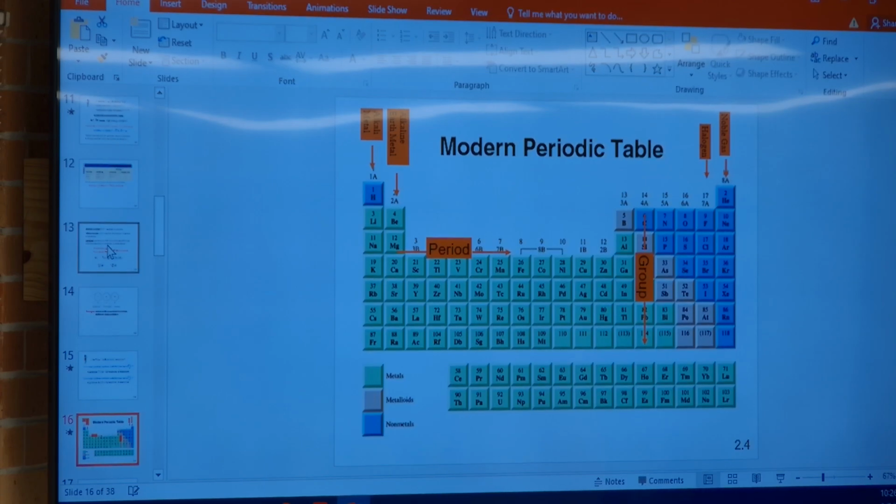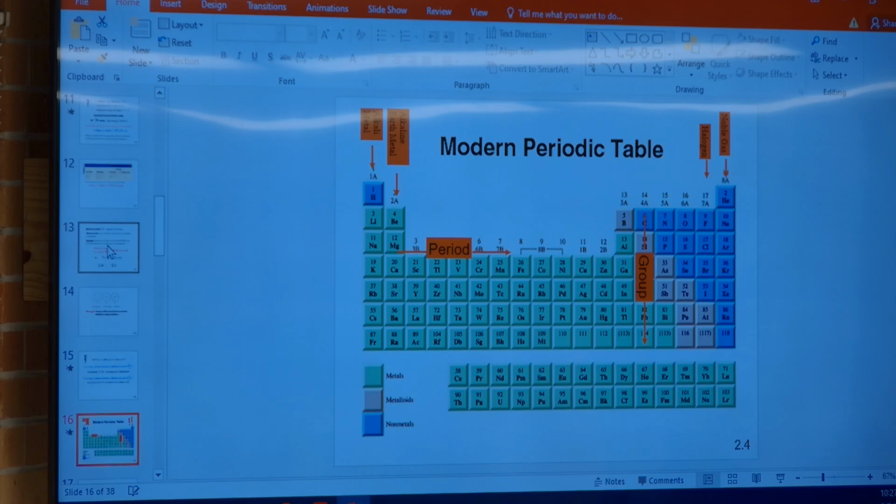Okay. Then group 2A, they are also very similar with each other. They are all active metals. Be careful with my words. Group 1A is a very active metal. Group 2A are active metals. That means they're still active, but not as active as group 1A. Then group 3A becomes even less active.